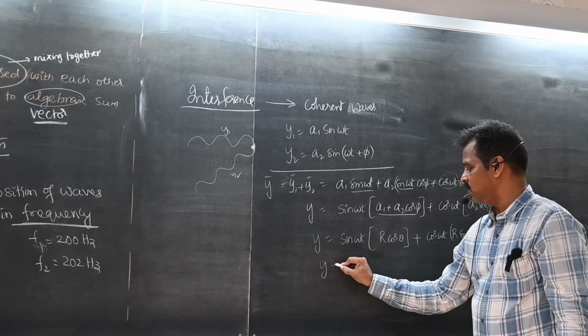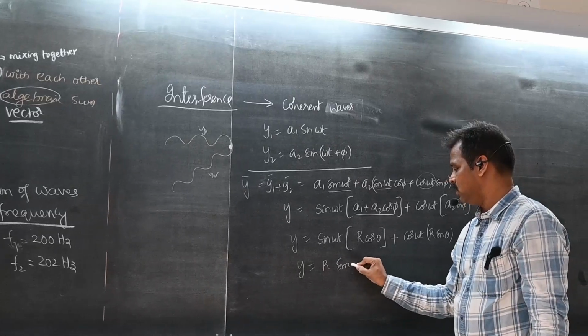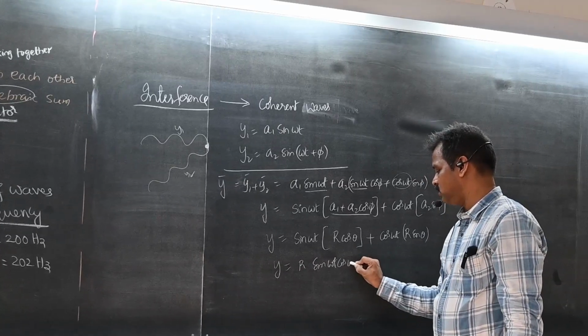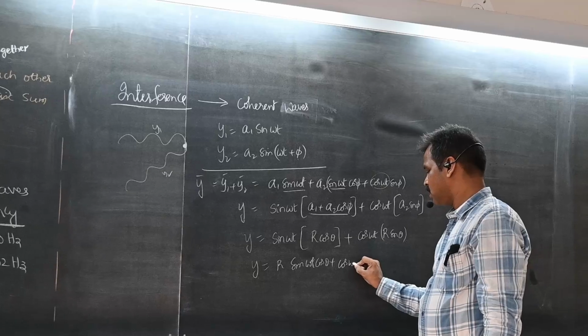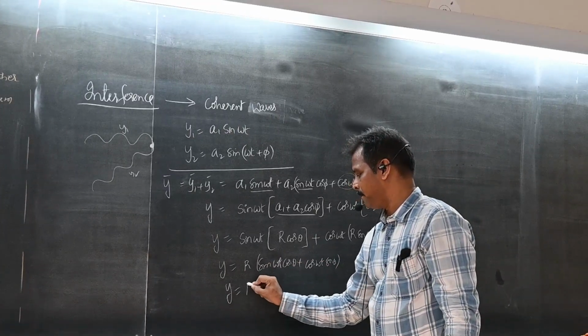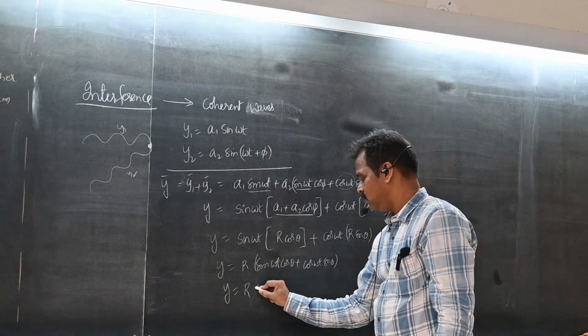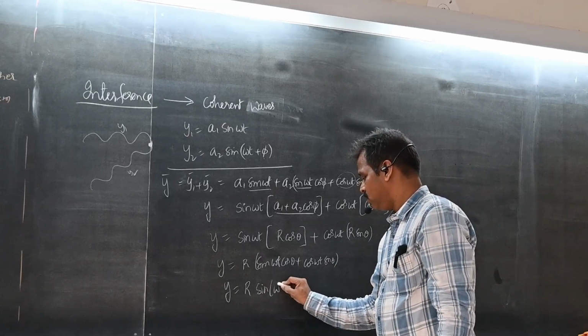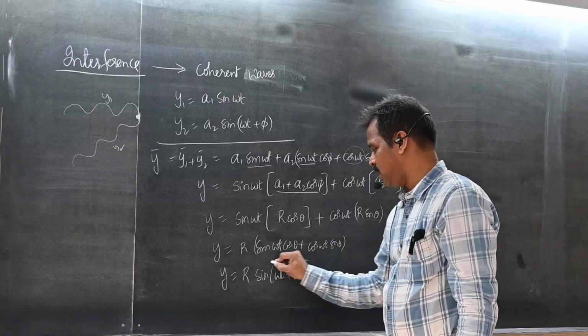Then I can write this equation as R common, sin omega t cos theta plus cos omega t sin theta. So what is y? y is R sin omega t plus theta.